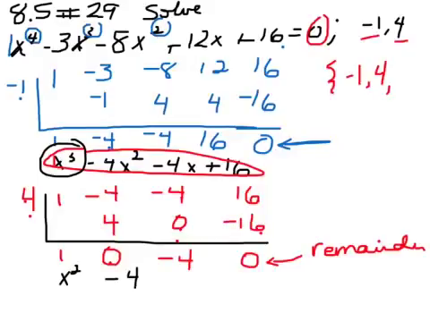Okay? So now I'm going to keep breaking this down. But now if I look at this, do I really want to do synthetic division? I could factor, I could do square root, I could do quadratic formula, or I can use synthetic division. Those are all things that we know we can do. Well, this is a pretty easy one if you think about it. We already have some listed solutions of -1 and 4.